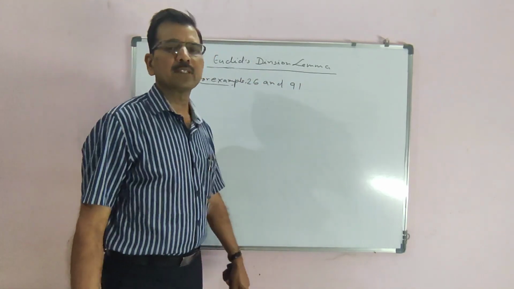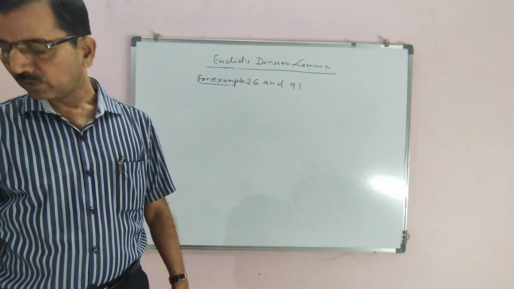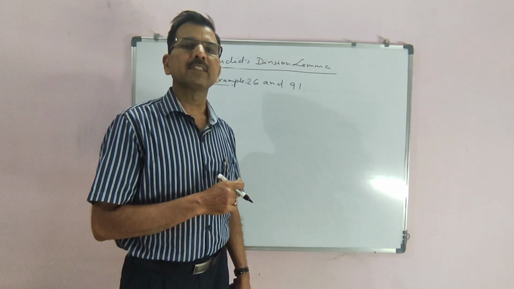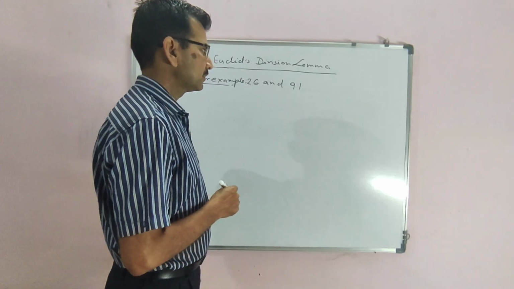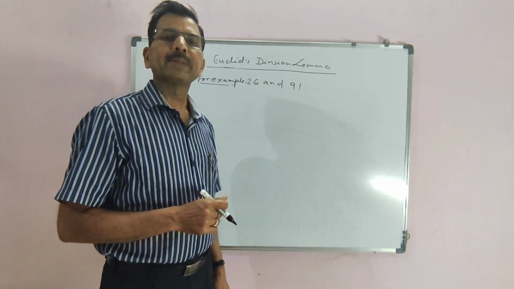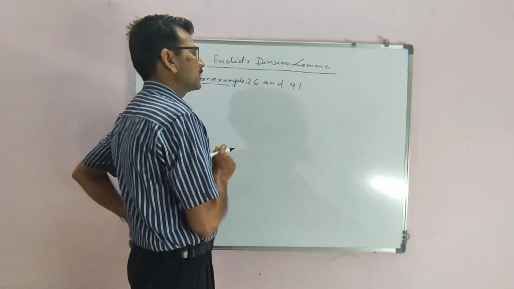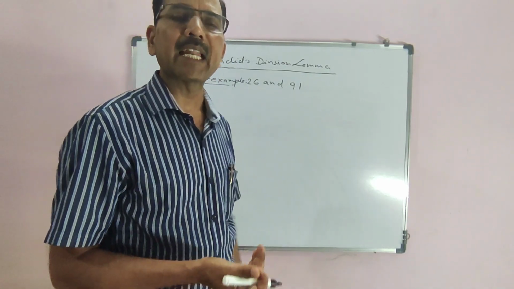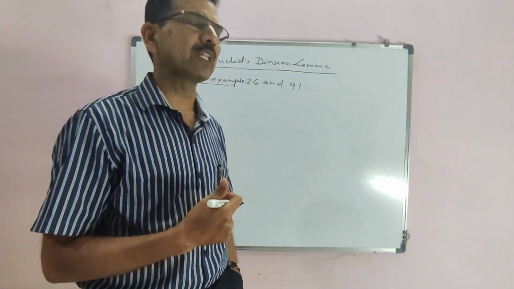We can find the HCF of 26 and 91 by the Euclid division lemma, or you can say algorithm, because we have to show it step by step.